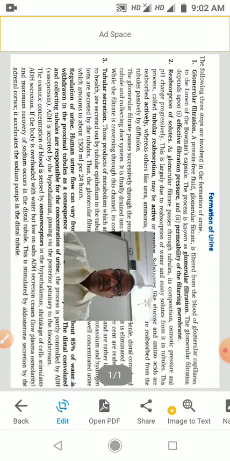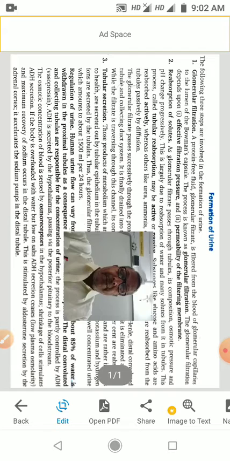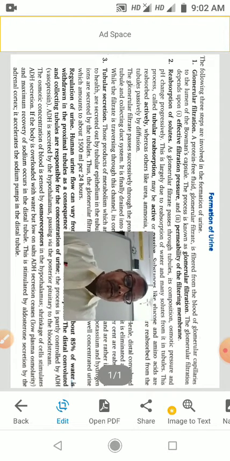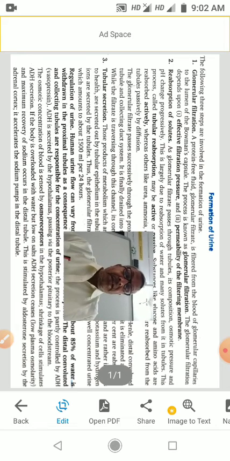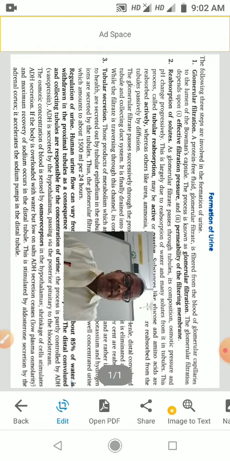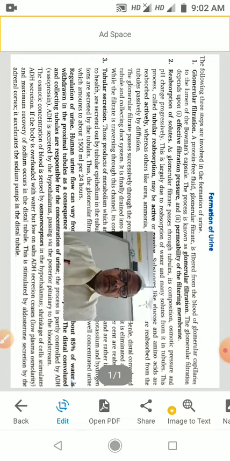So glomerular filtration is the first step of urine formation. In this step there is the filtration of the blood, and glomerular filtrate is filtered from the blood of glomerular capillaries into the lumen of Bowman's capsule.